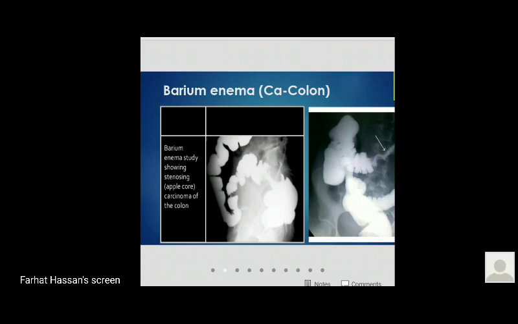Sir, how many biopsies should we take? In carcinoma of the stomach, we easily take 6 to 10 biopsies. But in case of colonic malignancy, carcinoma colon, there is no thumb rule for the number of biopsies, but you have to take sufficient tissue from the growth.